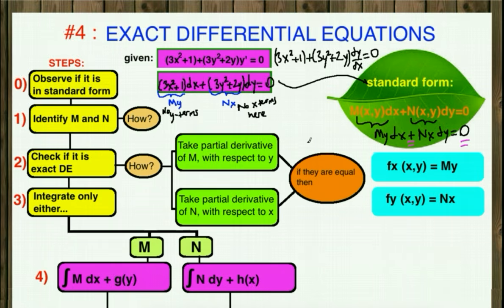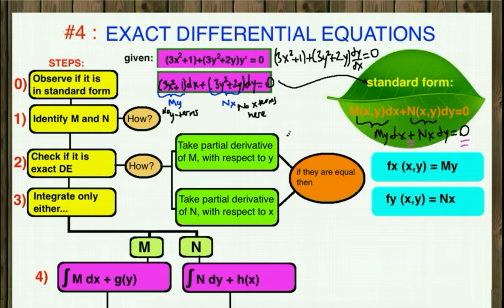If it is not exact, we don't need to continue. So how are we going to check if it is exact? We take the partial derivative of M with respect to y, and the partial derivative of N with respect to x. If they are equal, then it is exact. If not, it is not.